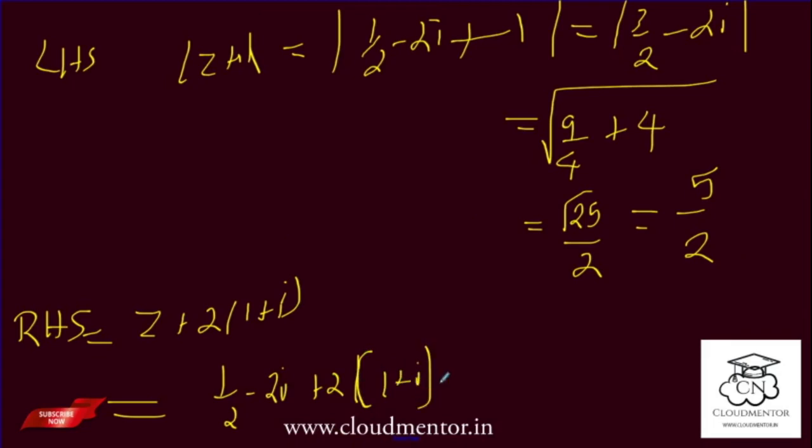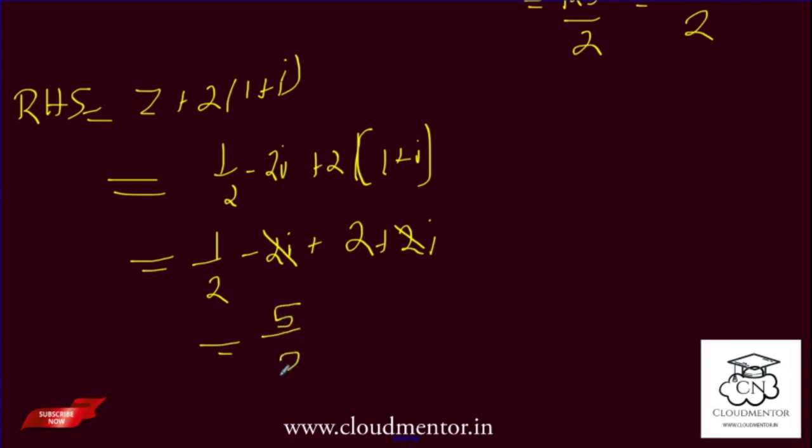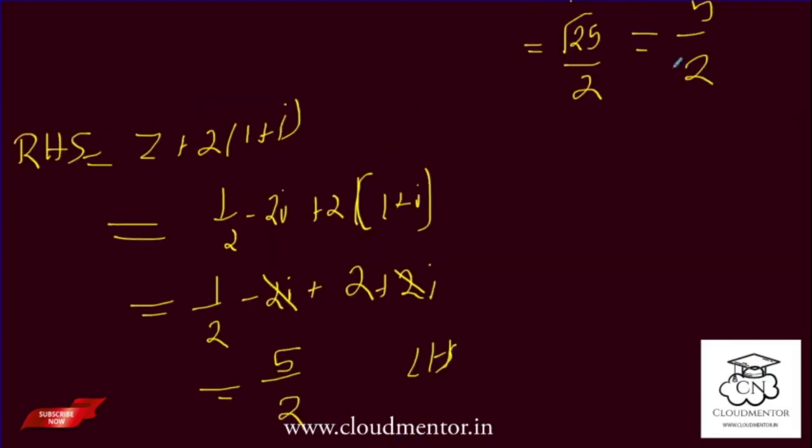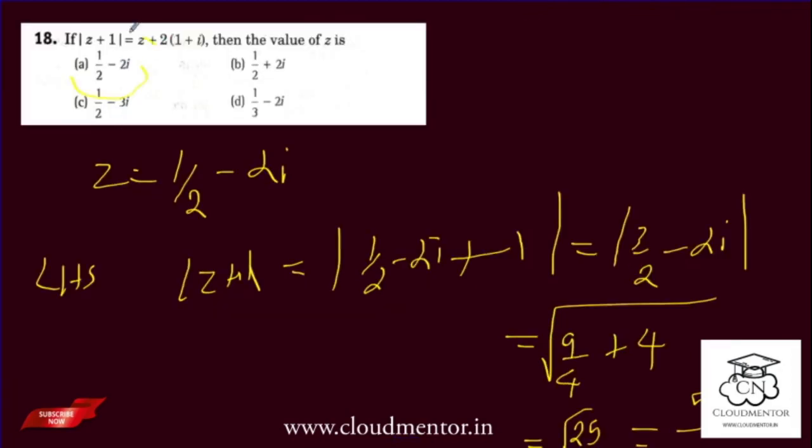By expanding, we get 1 by 2 minus 2i plus 2 plus 2i, and they cancel out, and we get 1 by 2 plus 2, which is nothing but 5 by 2. So LHS is equal to RHS, and therefore option A is the right answer.